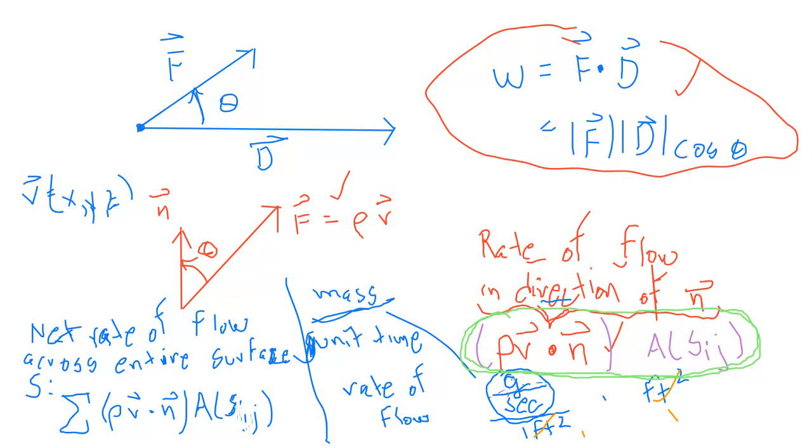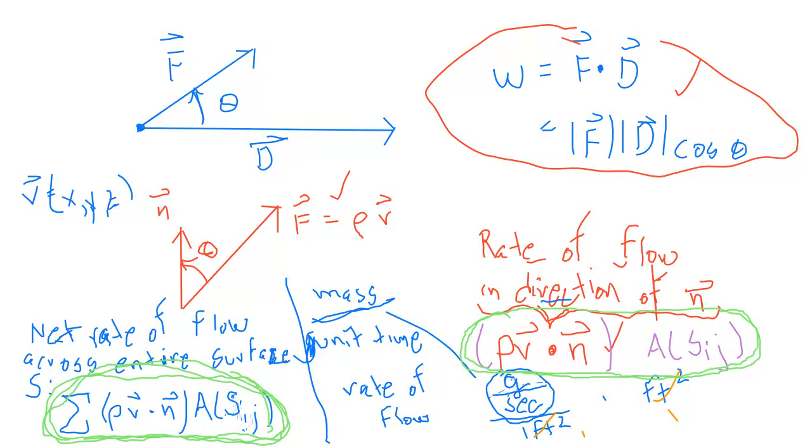What's this going to turn into? This sum, as we take more and more points on the surface. What's this sum going to turn into? It's going to turn into an integral.